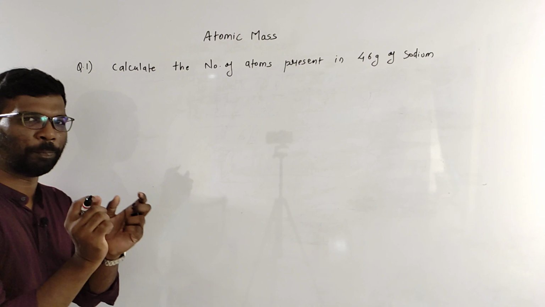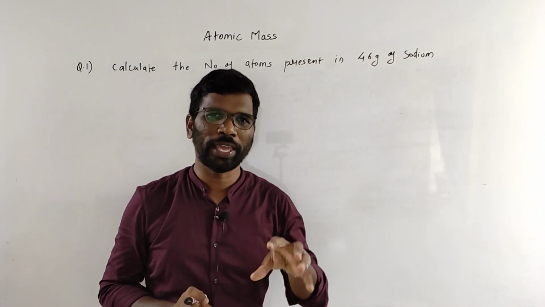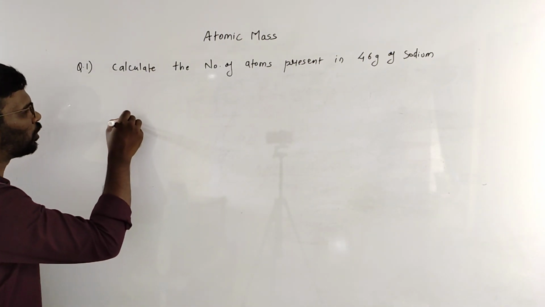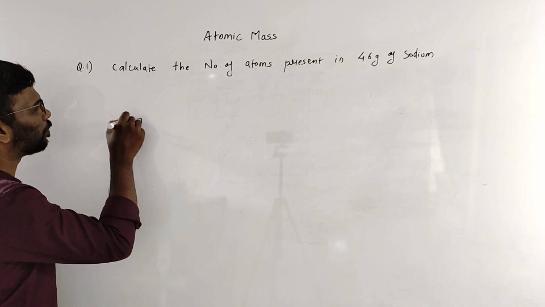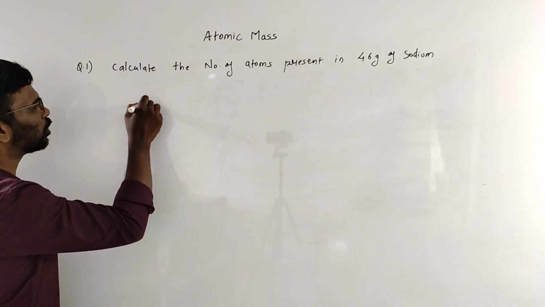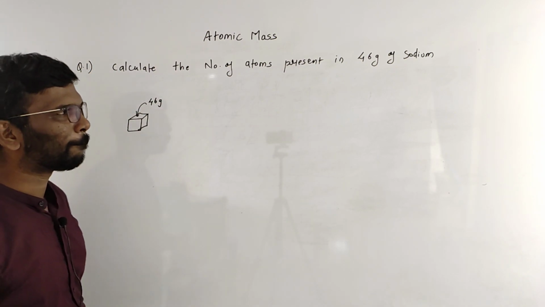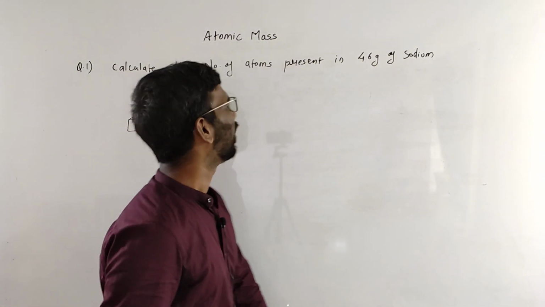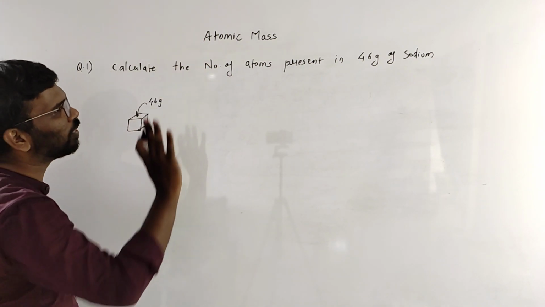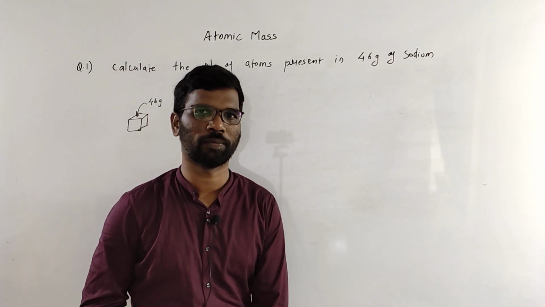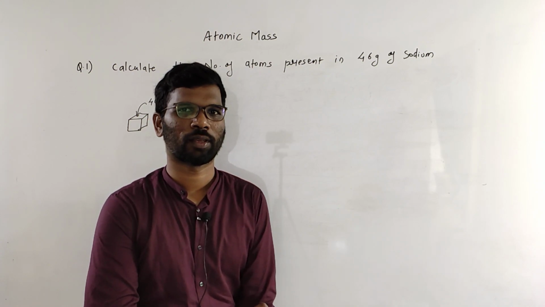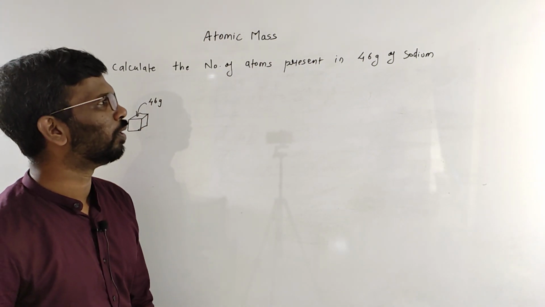Okay, there is a small piece of sodium which is weighing 46 gram. Then how many atoms are there in this 46 gram of sodium? Right? So that is what we are going to learn.